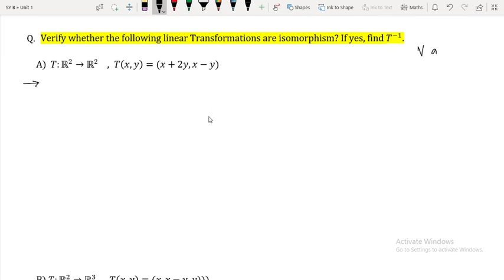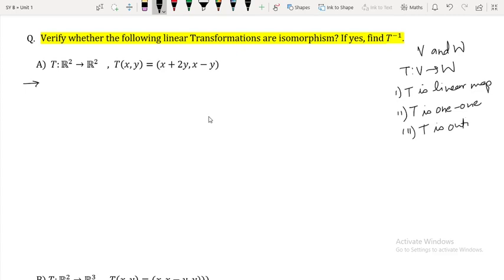Whenever we are having vector spaces V and W, then T from V to W is said to be an isomorphism if first, T is a linear map, then the second one is T is 1-1, and the last one is T is onto, right? So this is the definition of isomorphism, isn't it? Now they already said that the following are linear transformations, so naturally this is clearly true.